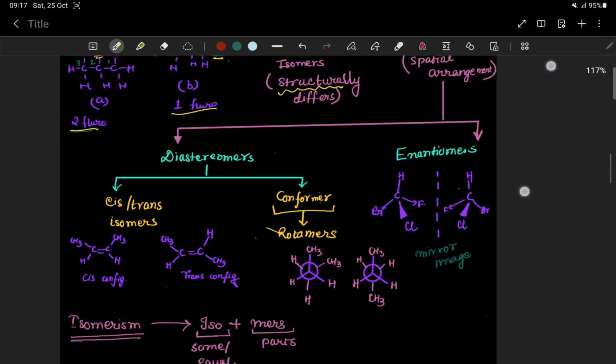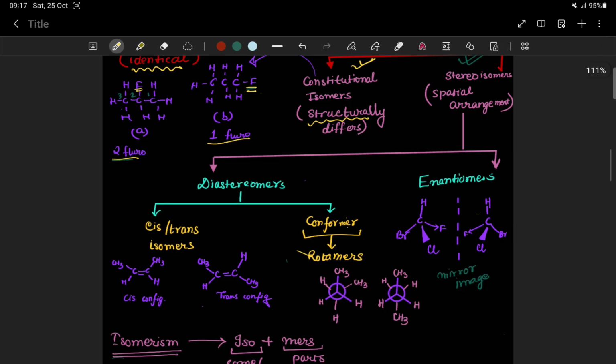Fine. Once we go deeper into stereoisomerism, we can see what a stereoisomer is. It is a spatial type of arrangement, not the constitutional one. There are two types of stereoisomer, which are diastereomer and enantiomer. I will discuss later what diastereomer and enantiomer are. Let me give you a basic classification of it.